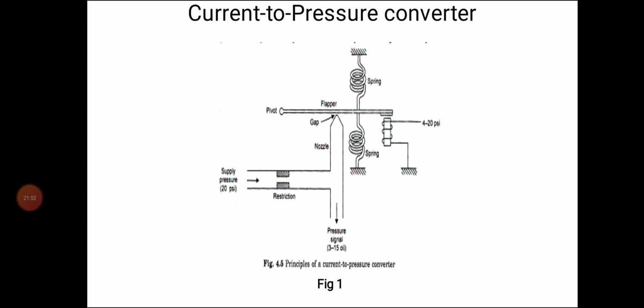That causes the flapper, which is pivoted on one side, to move. The other side has a magnet attached to this flapper, which is near to this magnet coil, which is energized with 4 to 20 milliamps of signal.